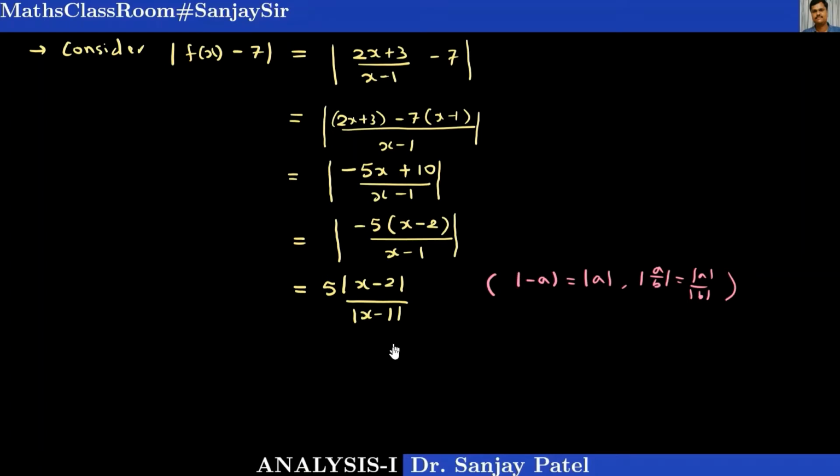So what is my aim here is to make this 1 upon mod of x minus 1 less than some constant, okay. Just a minute, here it is mod of x minus 1. I want to make this quantity less than some constant. Once it is proved, suppose this constant is say 3, then what I will get is 1 upon mod of x minus 1, this quantity will be less than 5 into that constant into mod of x minus 2.